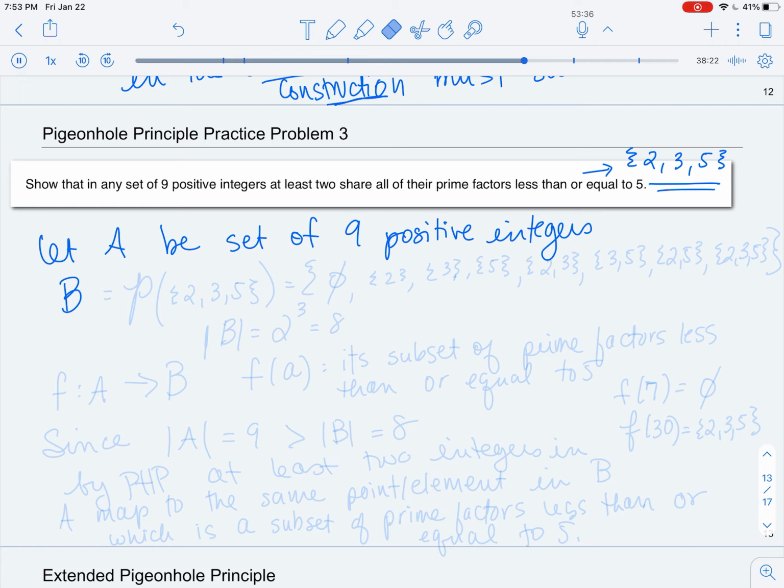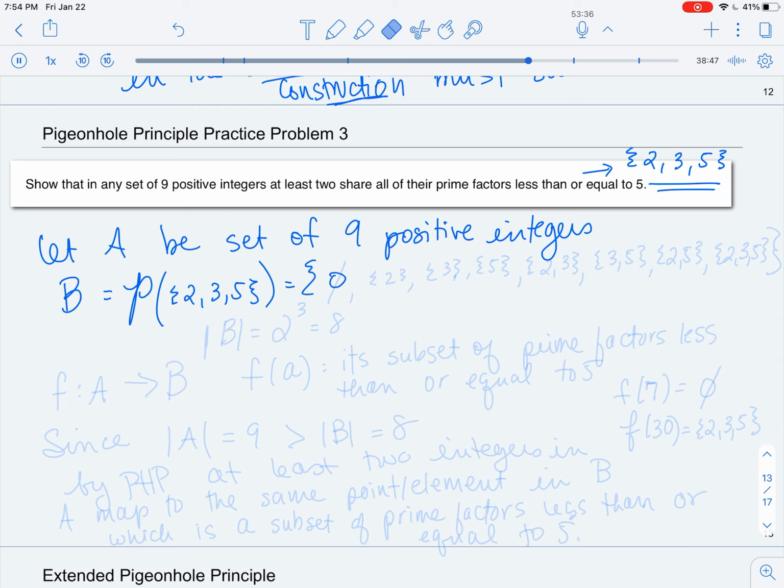So now we can think of our set B as the power set of all of the prime factors less than or equal to 5. Basically, our B is going to be the power set of 2, 3, and 5. And just for practice, we can enumerate what this power set is.